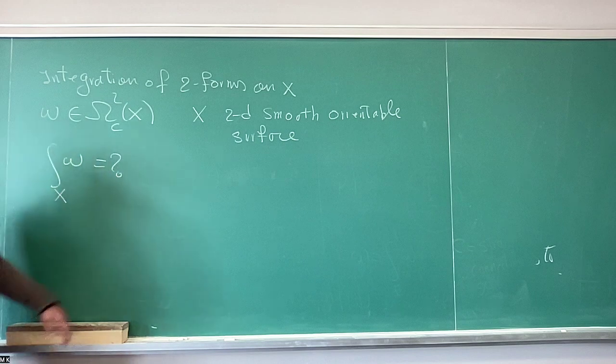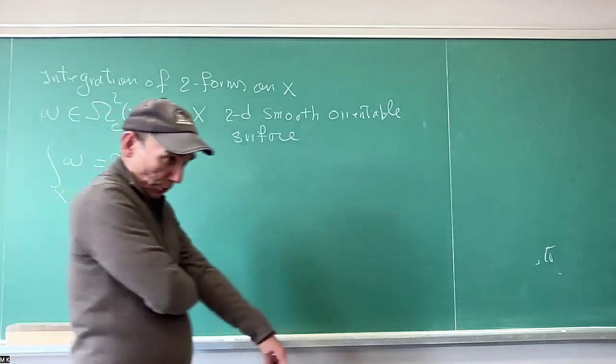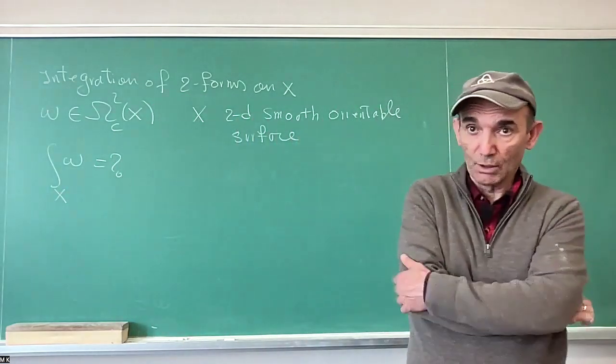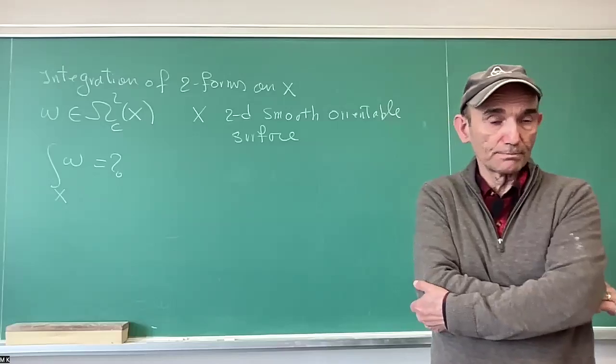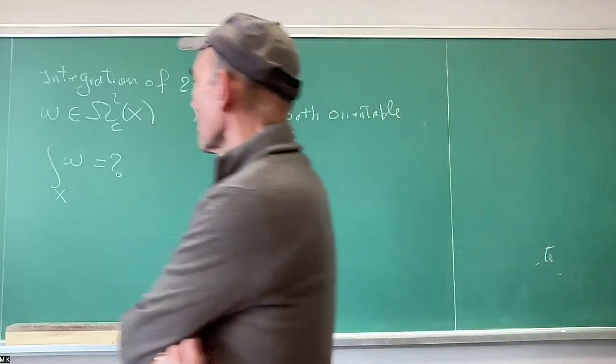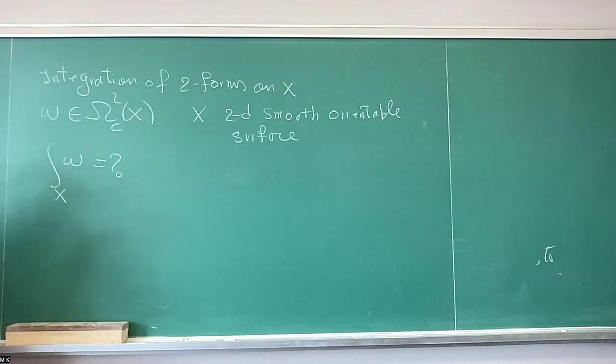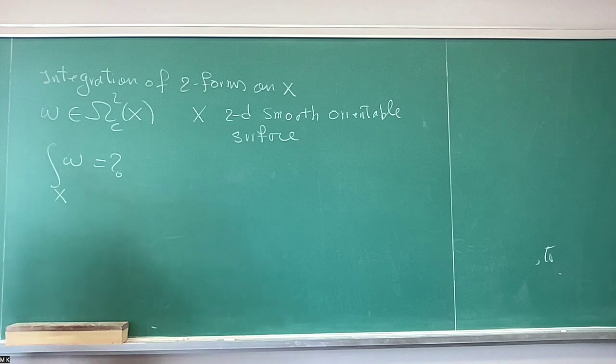How to define this object? So what do you think we need in order to make sure that this is a well-defined concept? For one forms, there wasn't much, but now it's two forms.